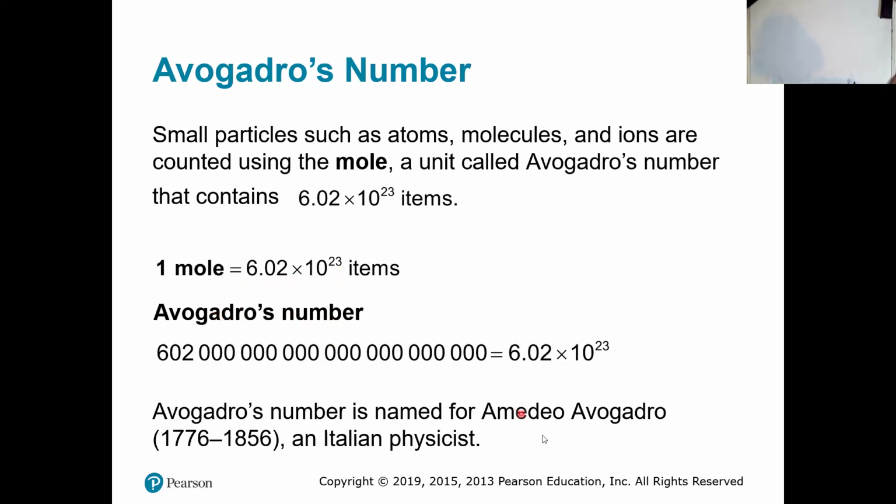The name, like a lot of things that you see in your sciences, is named after a scientist from a long time ago. This is a number you should know. You can write it as an equality: every 1 mole of something equals 6.02 times 10 to the 23 of that thing.